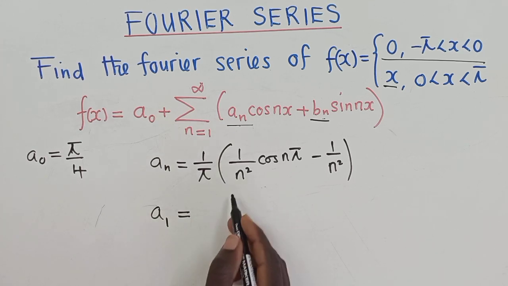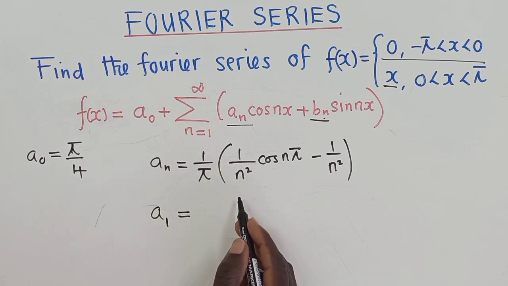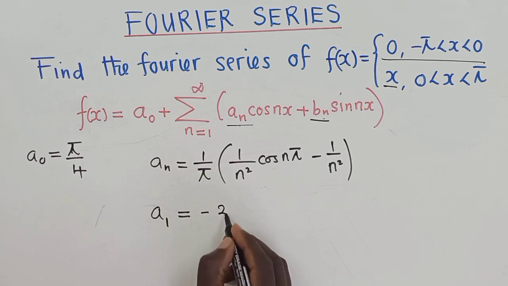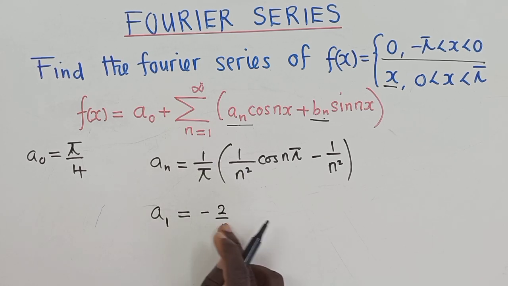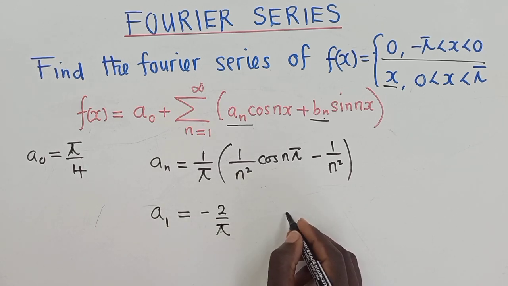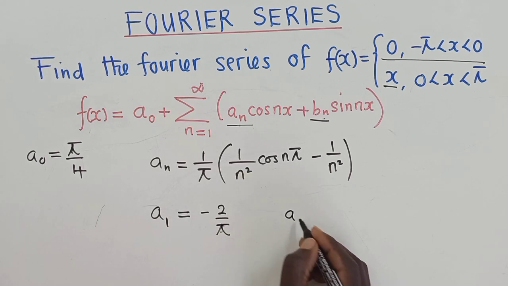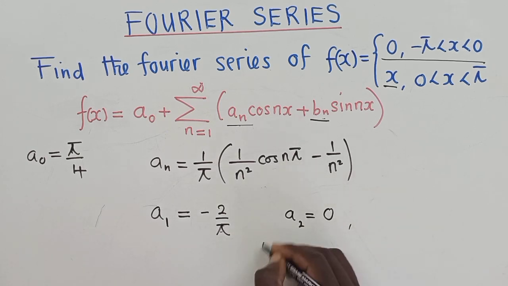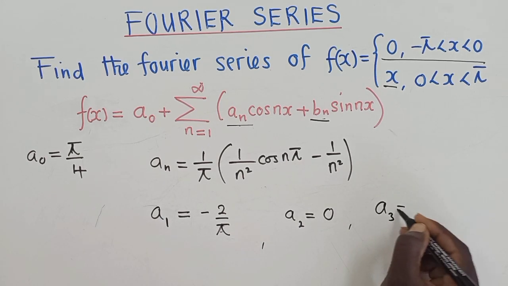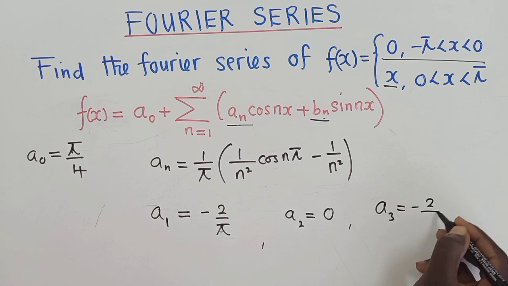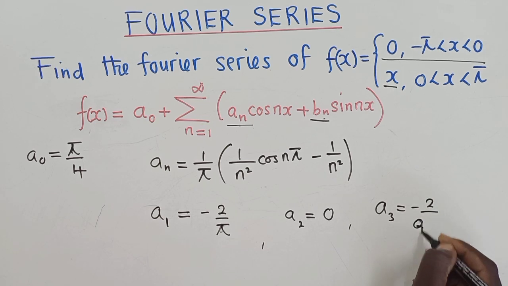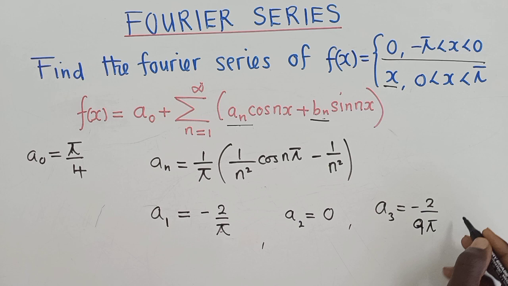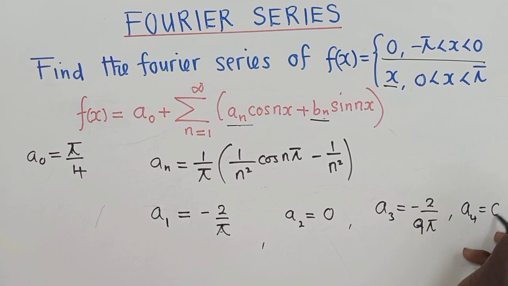So here, when n is equal to 1, we are getting the first term will be this one. I'll tell you what I've just done here. Then for this one, it will be 0. For A3, it will be negative 2 over 9 pi. And for this, we just get a 0.